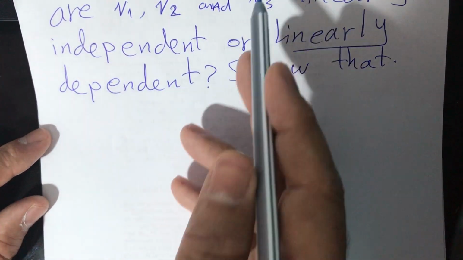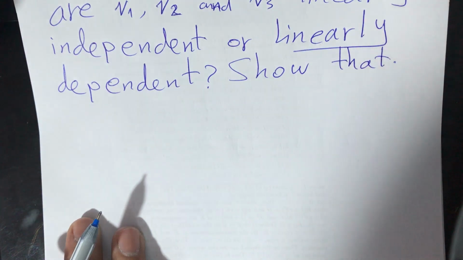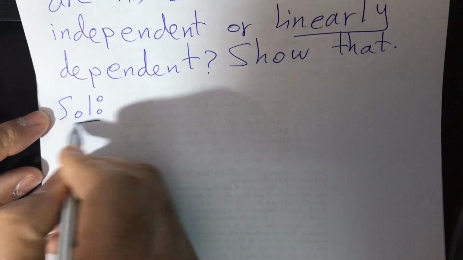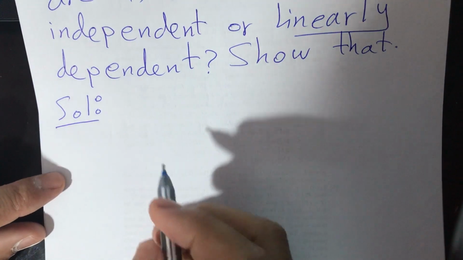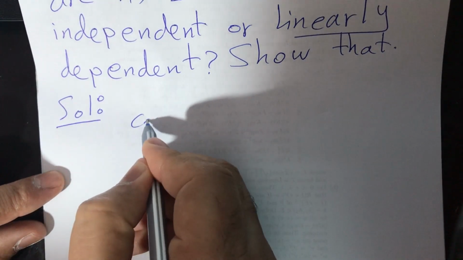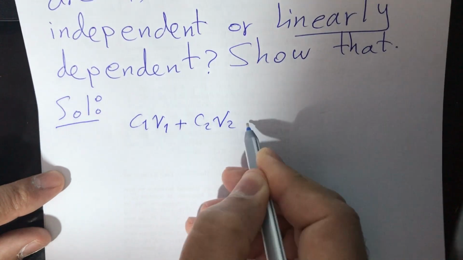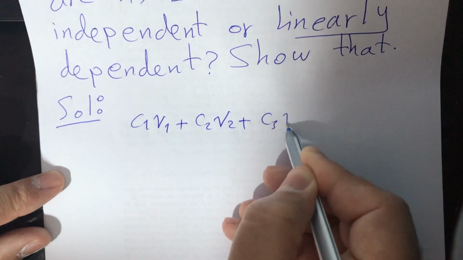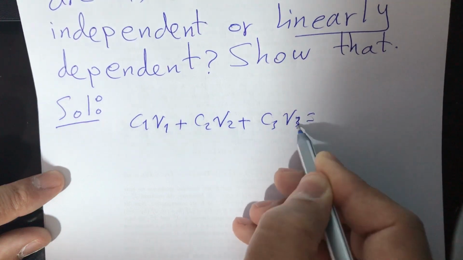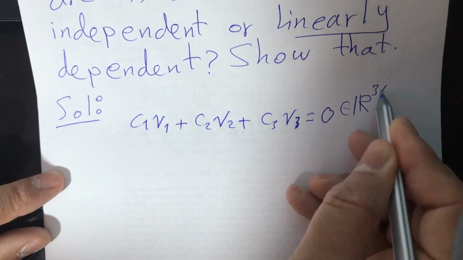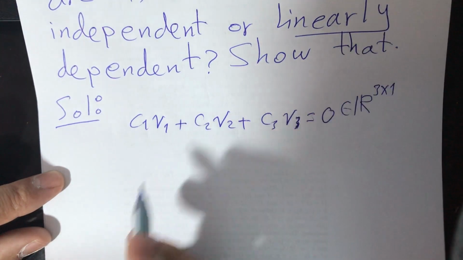If not, we call these vectors linearly independent. Solution. Take a linear combination of these vectors, C1 V1 plus C2 V2 plus C3 V3, and make it equal to 0. This 0 belongs to R3,1 because these vectors are in R3,1.